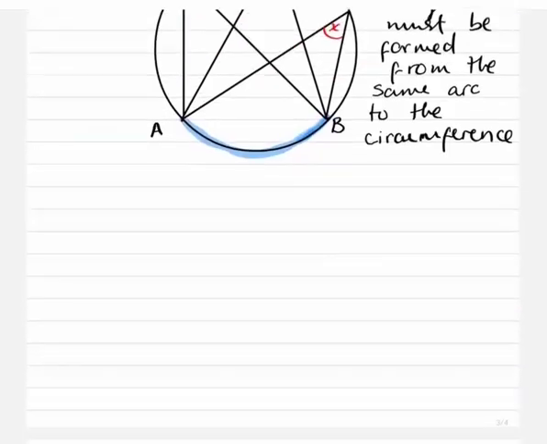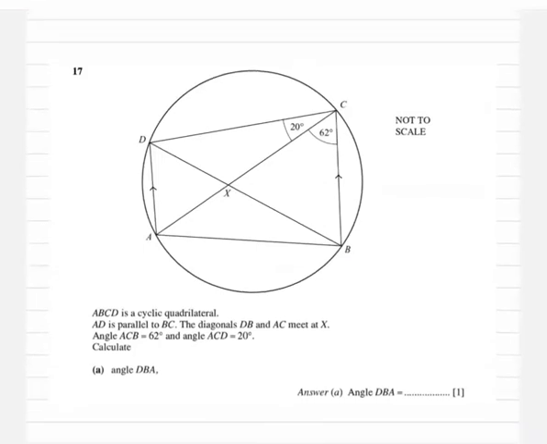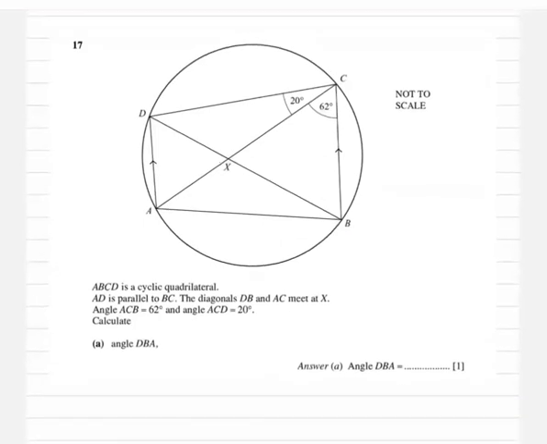Now, just to quickly illustrate an application of this theorem in a question. We are given here ABCD is a cyclic quadrilateral, okay? AD is parallel to BC. We can see that they are parallel right here.